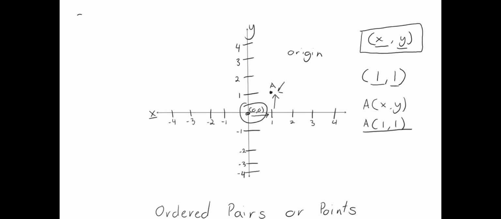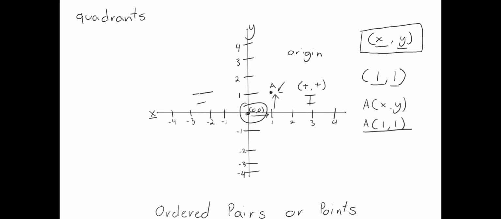Going back to the quadrants, the main reason why the quadrants are the way they are is because of the negative or the positive. For example, quadrant 1: the x-axis is positive and the y-axis is positive as well.